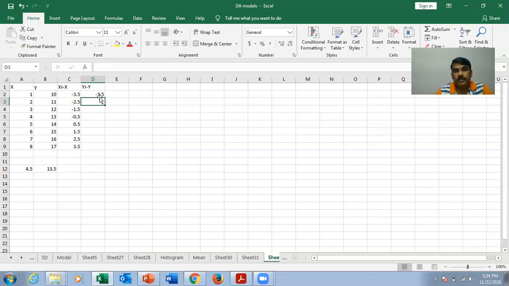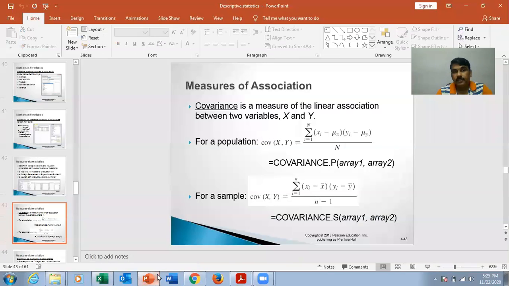Now the same values came because we have taken a general series. Now we require the values xi minus x bar and yi minus y bar.